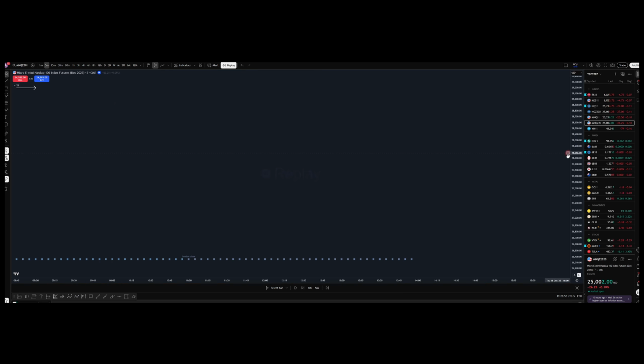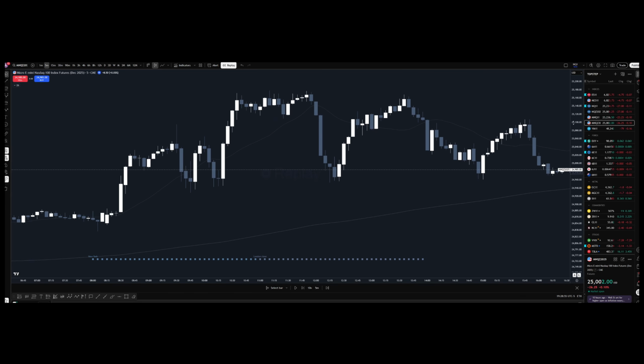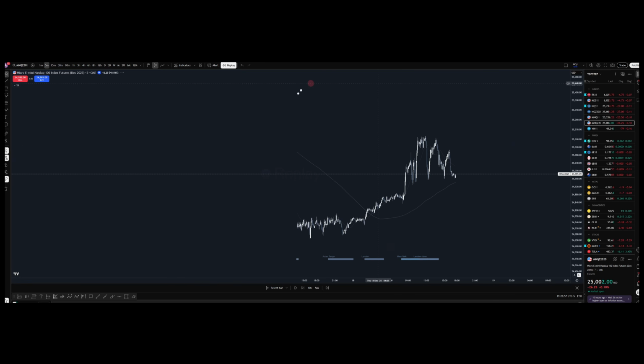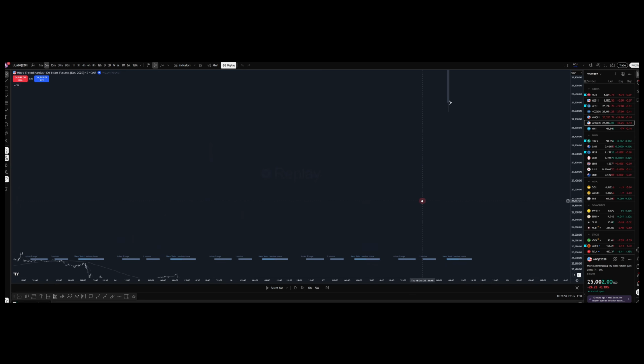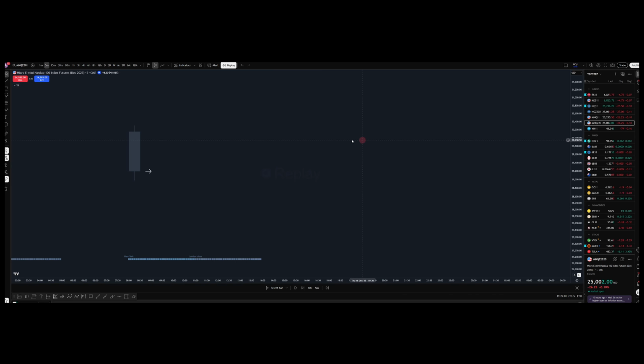Okay, let's say this is a bearish daily candle and then we're going into our next day. The candle opens here. Still probably going to need a lower time frame. Where's my drawing? All right, here we go.